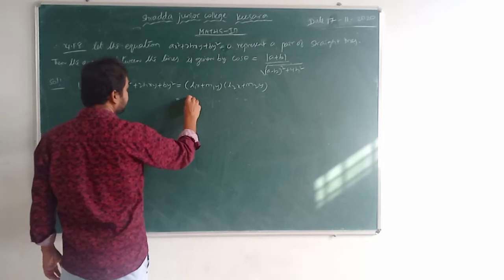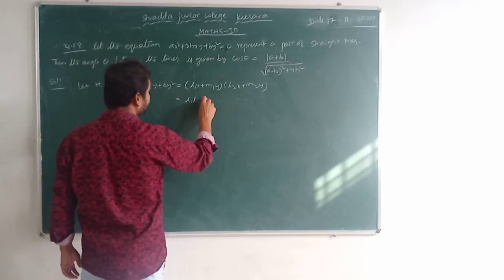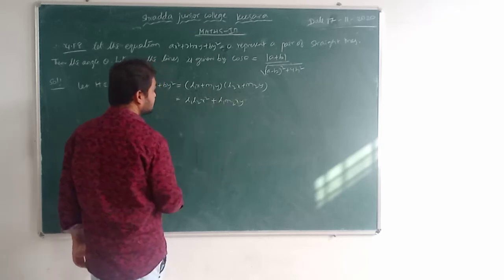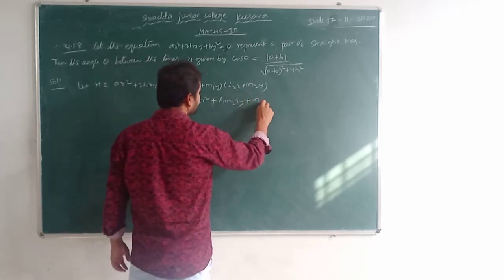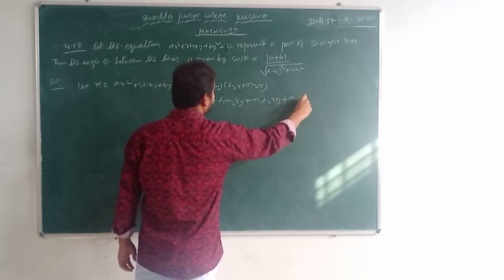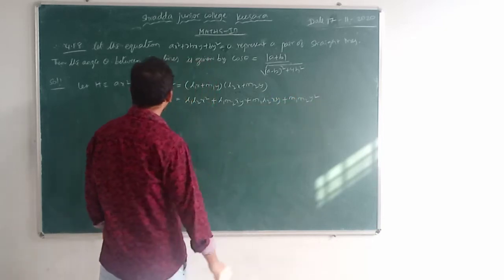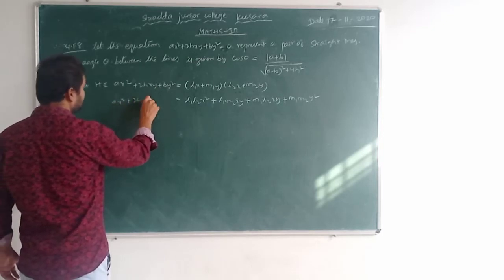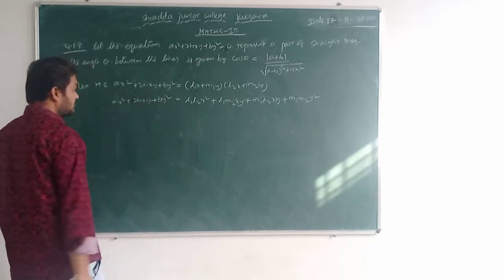Now by doing multiplication here, L1 L2 x square plus L1 m2 xy plus m1 L2 xy plus m1 m2 y square. See now, this is which form? ax square plus 2hxy plus by square.